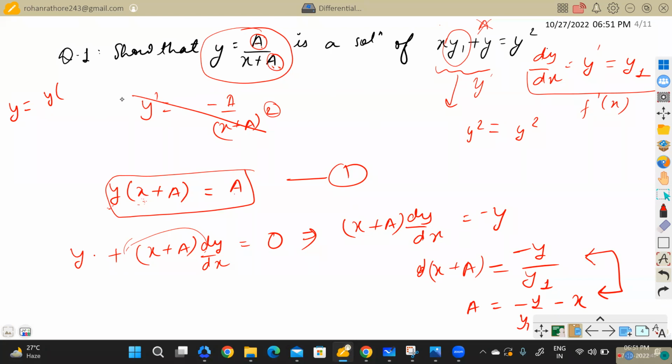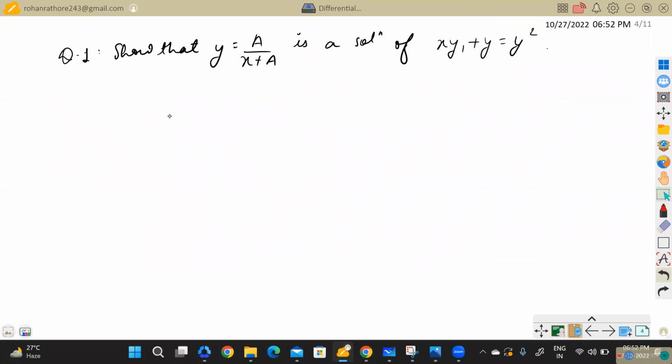So we'll get minus y over y1 minus x, whole divided by x plus a, which is minus y over y1. We have to solve this. Let's make some room. Okay, we have to do that again. What was dy by dx?